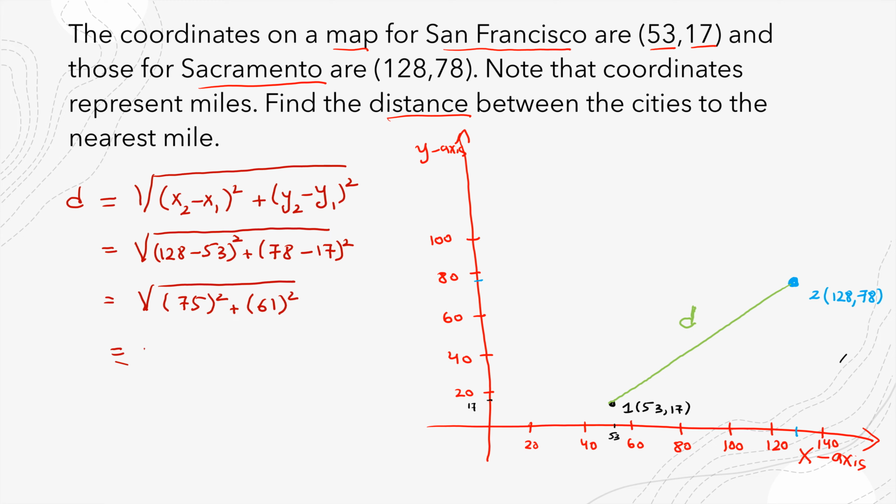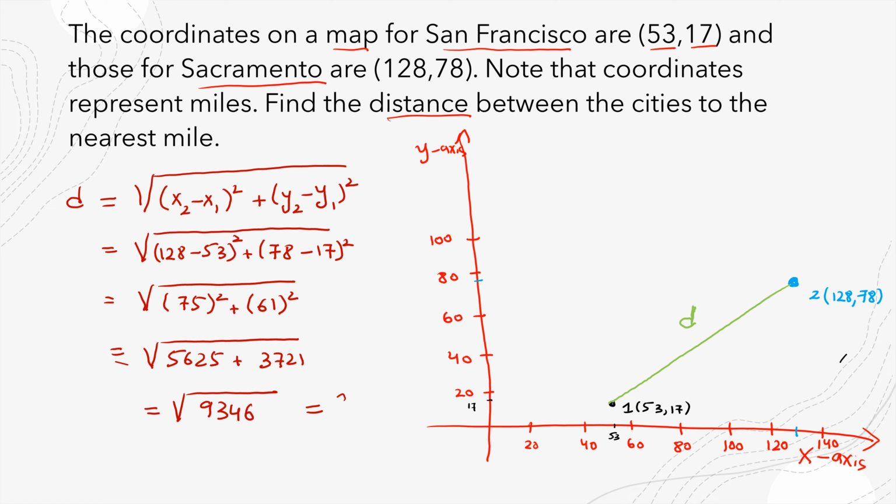Now simplifying further, 75 square is 5625, and the square of 61 is 3721. Adding the two, 9346 under the root.